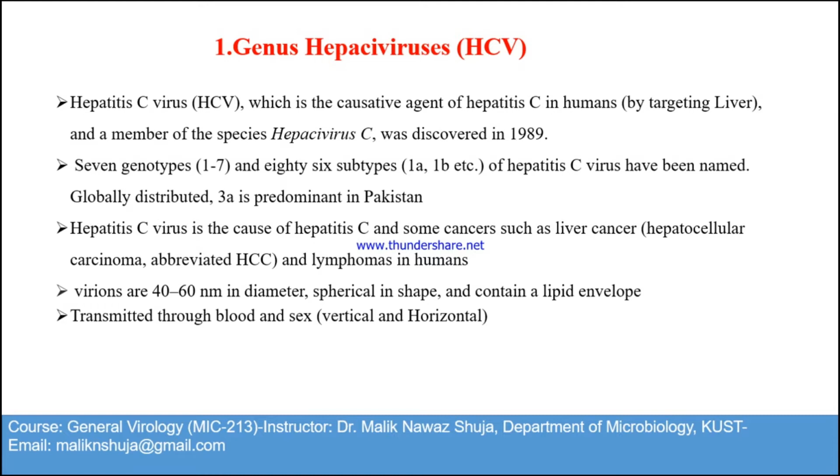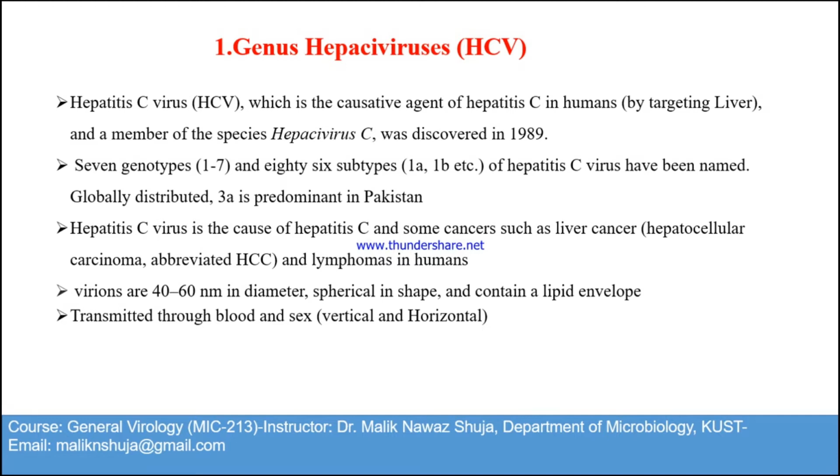So this virus is the basic causative agent of hepatitis C in humans, and it is a member of the Hepacivirus genus, which was discovered in 1989. There are 7 genotypes of hepatitis C, and there are further categories of each genotype, which we can call subtypes, usually denoted by a small letter of the English alphabet.